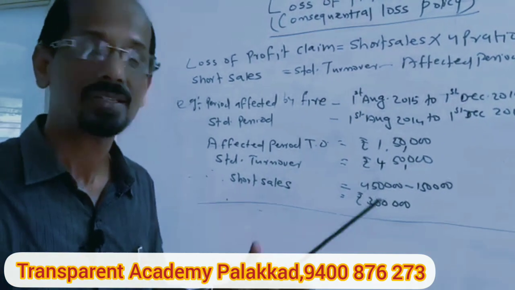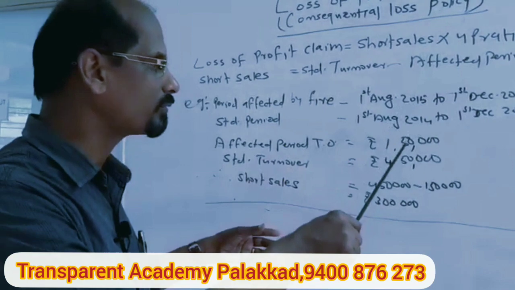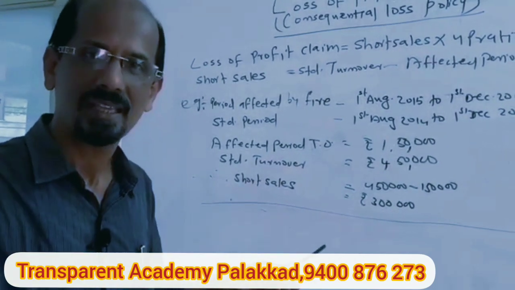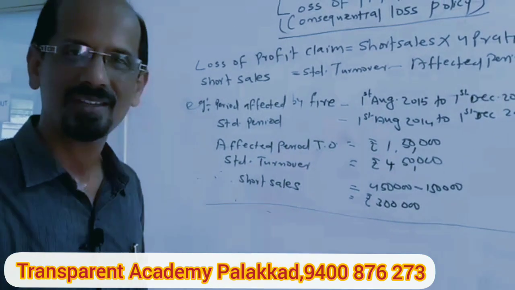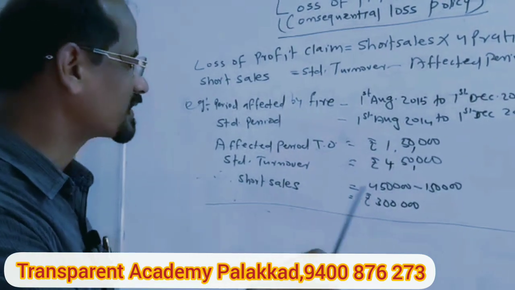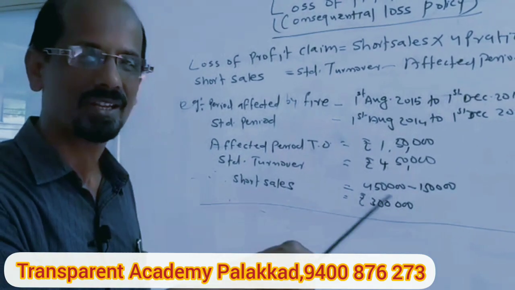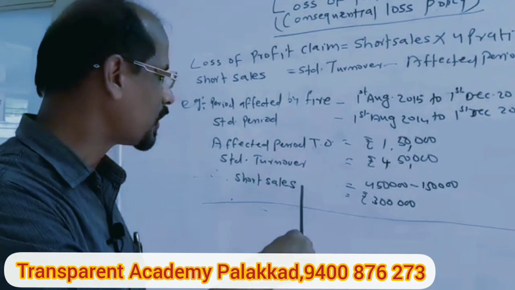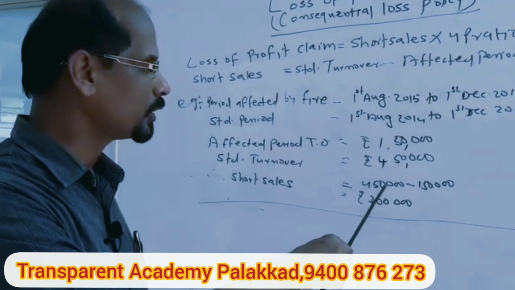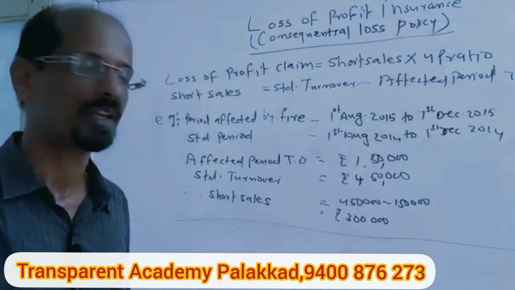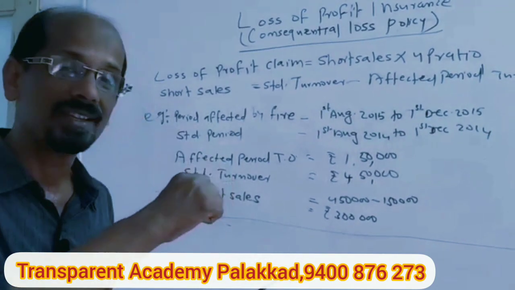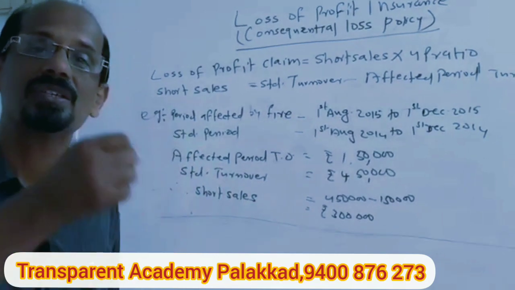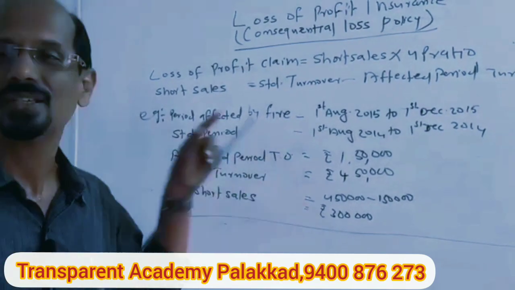Last year's 4,50,000 in the same period reduced to 1,50,000. So there is a short sales, a reduction in turnover of 3 lakh. Short sales is standard turnover minus affected period turnover.